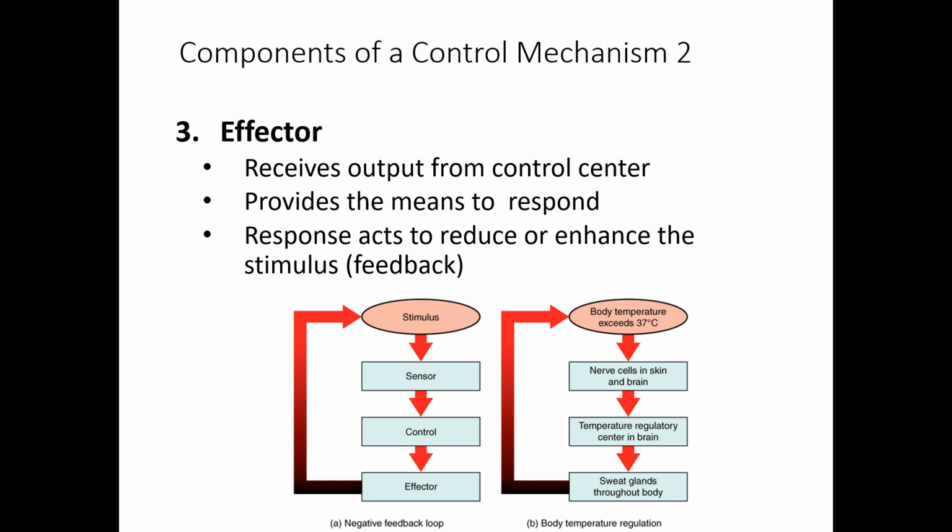It's too high. Brain immediately sends a signal to effectors, which would be sweat glands. Sweat glands start producing sweat all over the body, and when we are sweating, evaporation of that sweat cools down the body and temperature returns back to the normal range. That's how negative feedback is working.